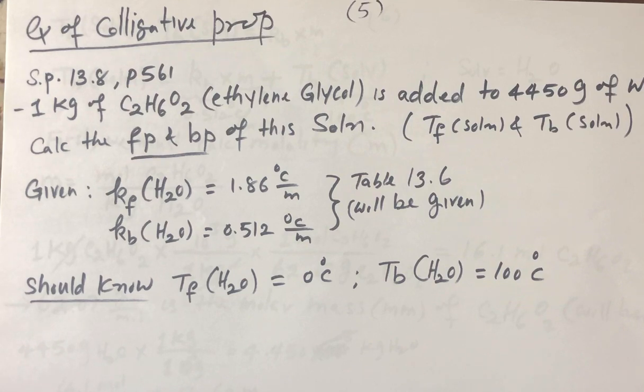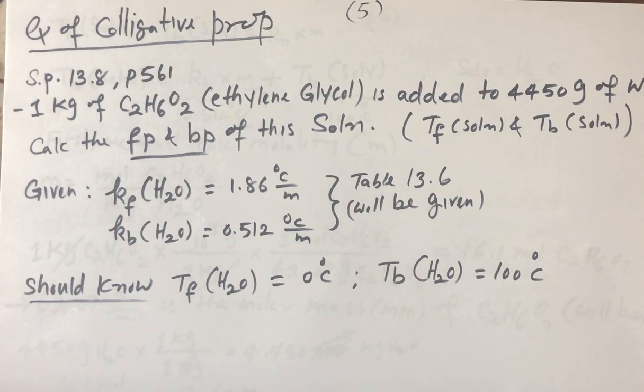The question is, what is the freezing point and the boiling point of the solution we form? So what we are looking for is the TF of solution and the TB of solution, just to be compatible with the notation that we have been using.